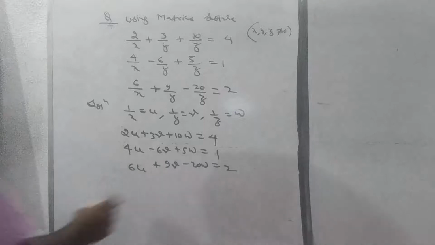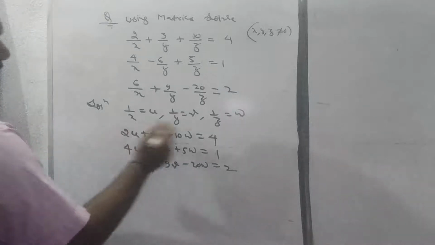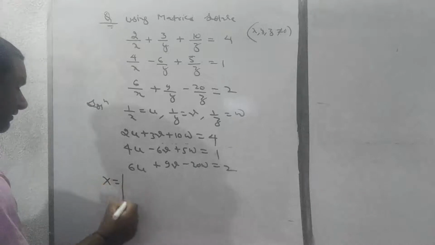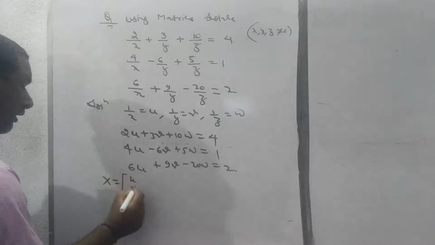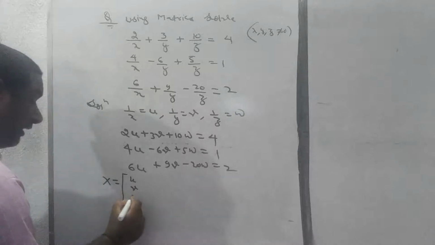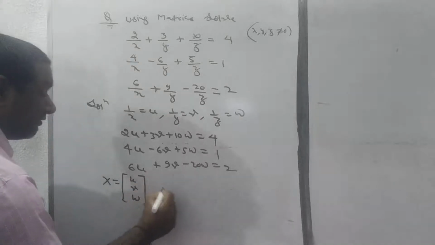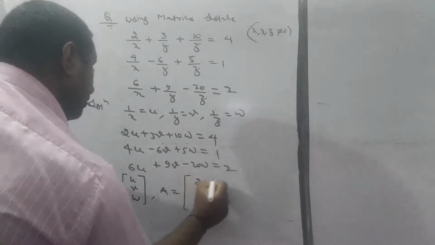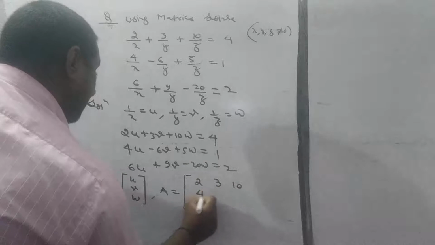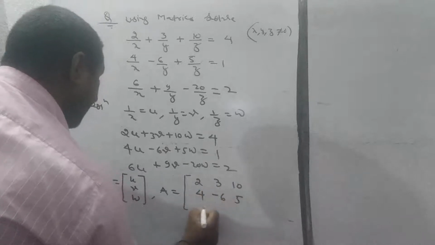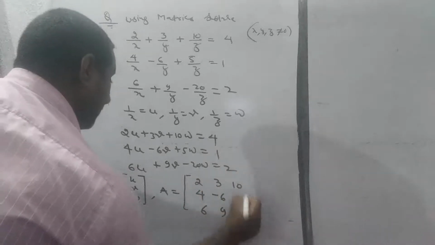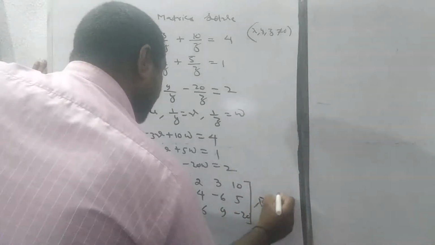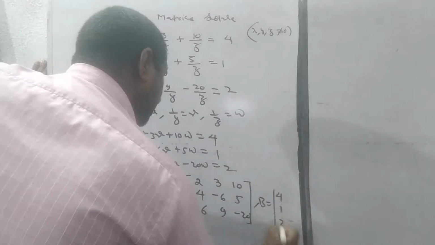Now our variables change to u, v, w. So here the value of X is u, v, w. The value of A is 2, 3, 10; 4, -6, 5; 6, 9, -20. And the value of B is 4, 1, 2.